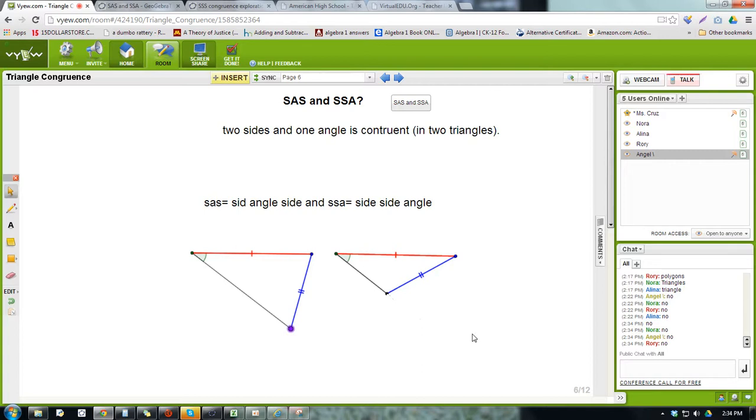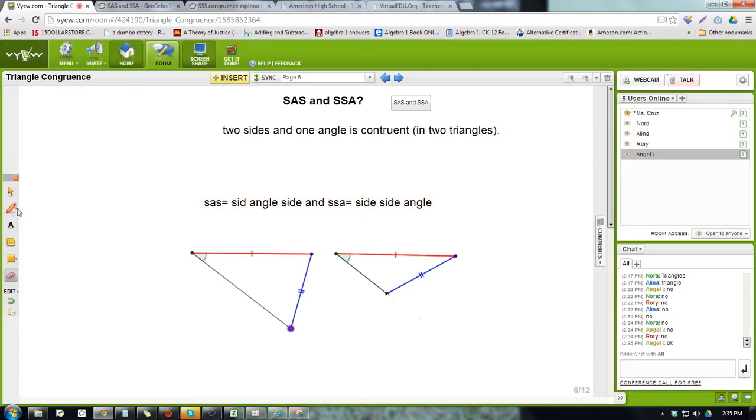And this is the reason why the order of the sides and angles is important. Because while SAS is a way to prove it, SSA is not a way to prove it because there are two possibilities. Okay? And we need there to be only one possibility for it to be something we can use to prove something. So this means that SSA, oops, I didn't mean to erase that.